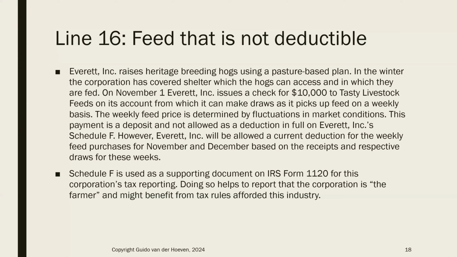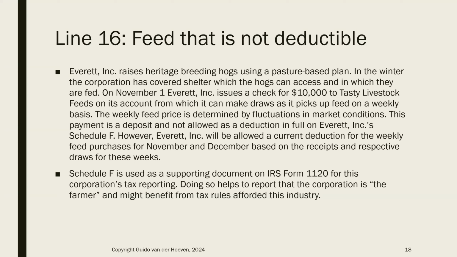This is a deposit. It's not allowed as a deduction because it wasn't a purchase of feed by volume, whether in 100-pound sacks or 50-pound sacks, however many sacks. It was just a deposit on the account. What could be allowed as a current deduction are the weekly feed purchases for November and December, based on the receipts and the respective draws off of this $10,000 deposit for those weeks.